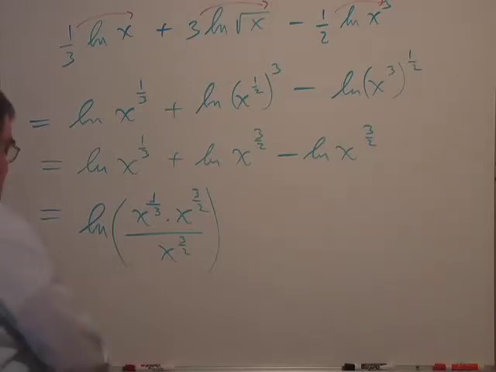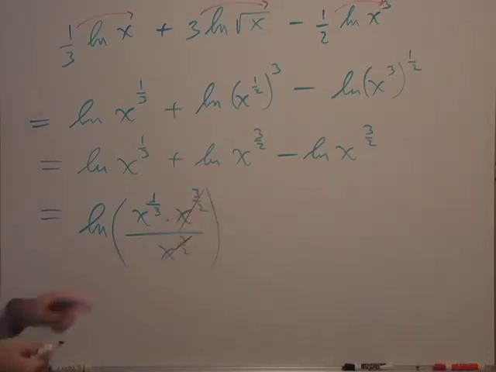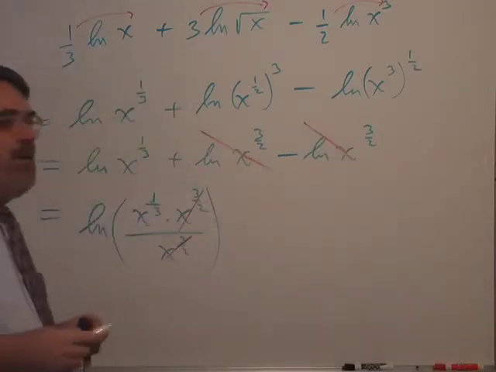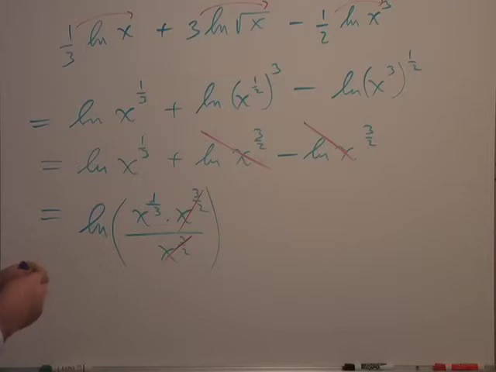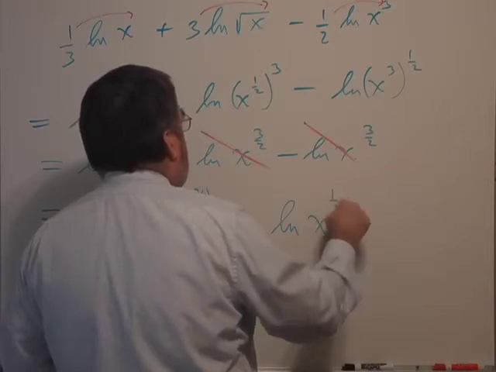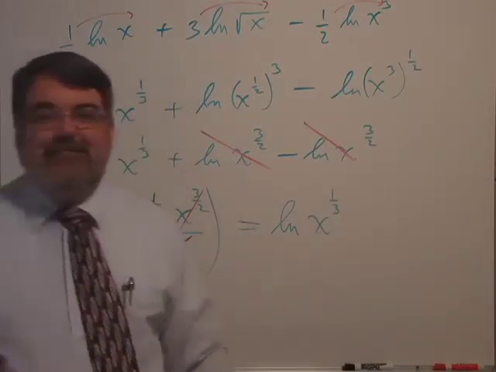These cancel off, and they also cancel immediately because one subtracts from the other. So in either case, you end up with the natural log of x to the 1/3. There we go. It's simplified.